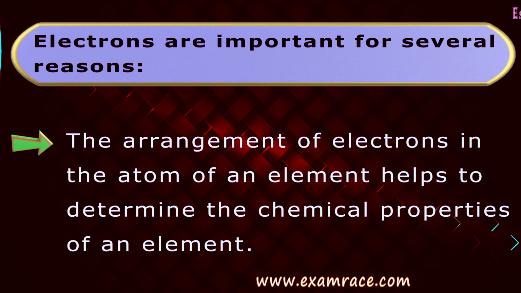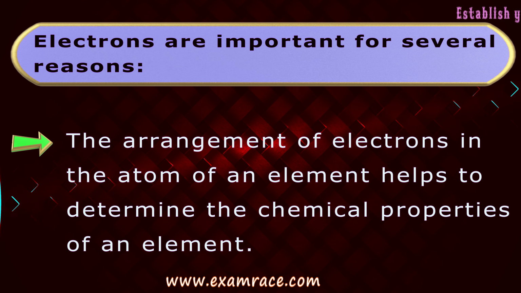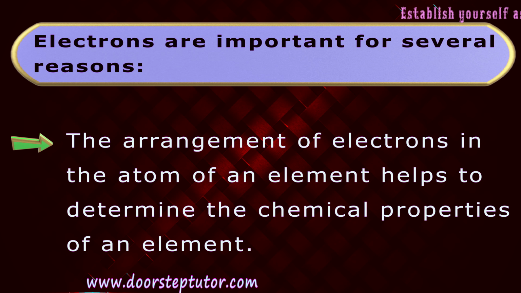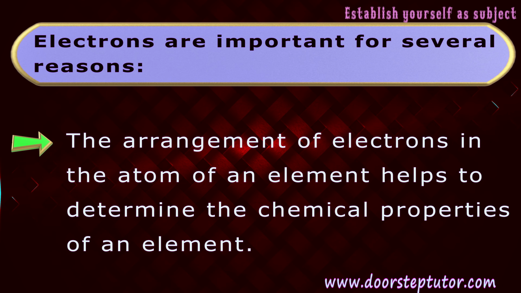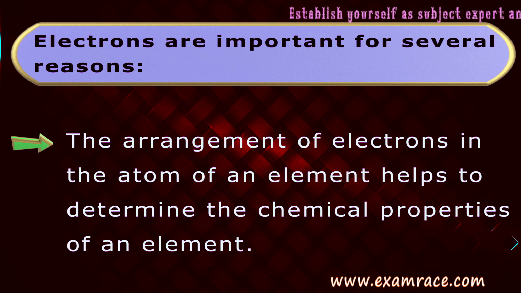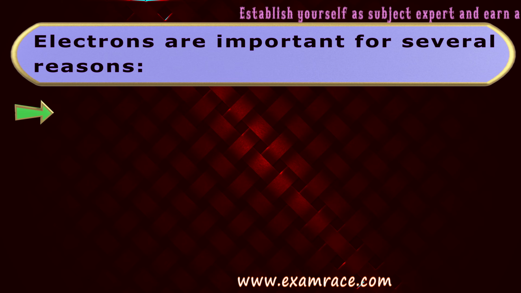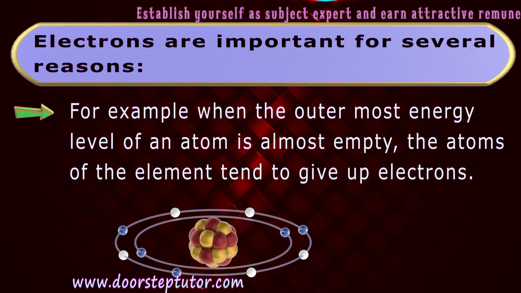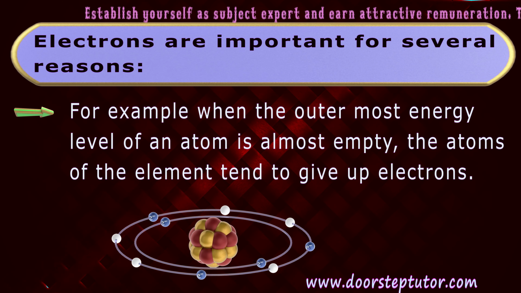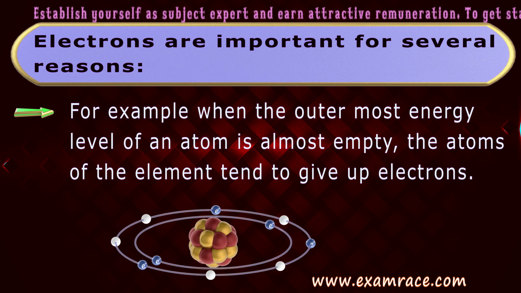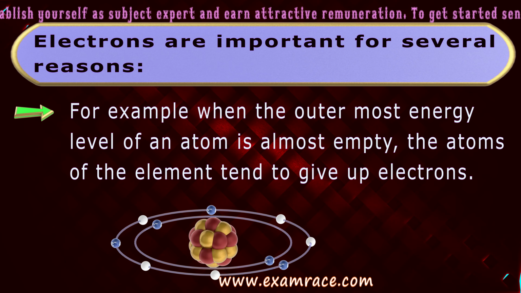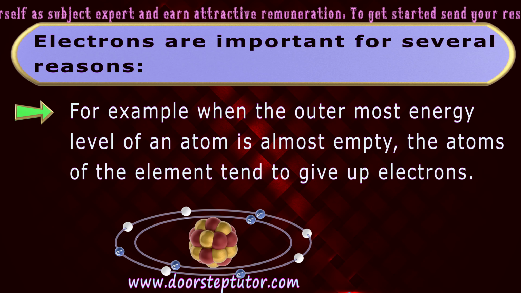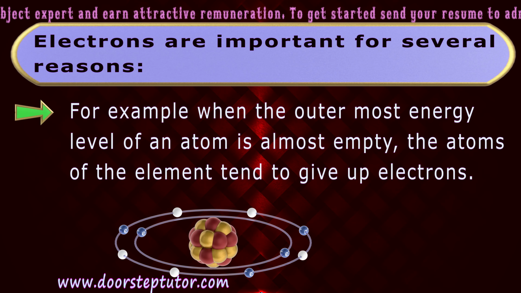The arrangement of electrons tells a lot about the atom of an element. Let's take an example. When the outermost energy level of an atom is almost empty, what does it do? It tends to give up its electrons because it wants to attain the complete electronic configuration.